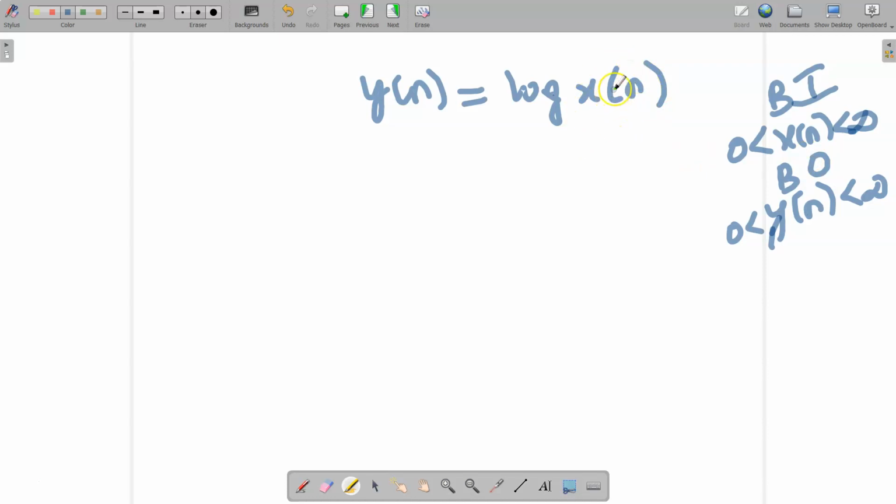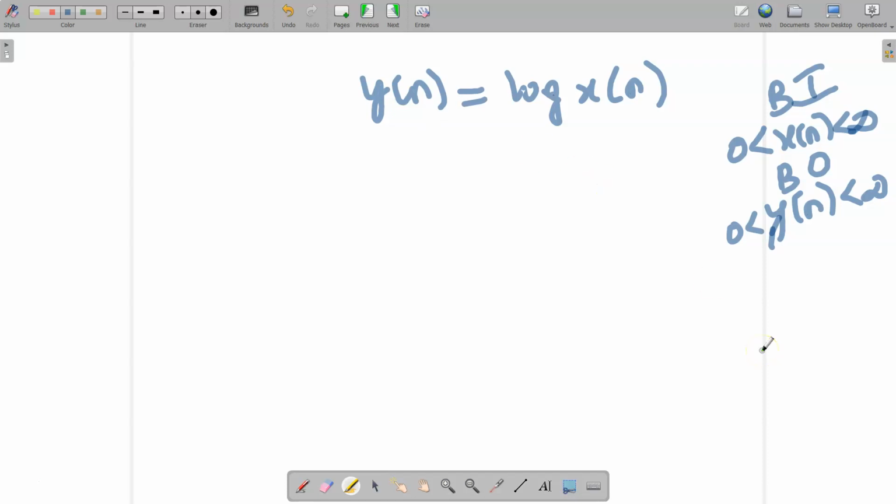Whenever it is bounded input, definitely y of n will also be bounded. The log of any finite value will give a finite value, hence the system is said to be stable. You should not substitute the 0 value or negative values. Always x of n should be a finite value. Whenever x of n is finite, the whole function also becomes finite. Therefore, y of n also becomes finite.